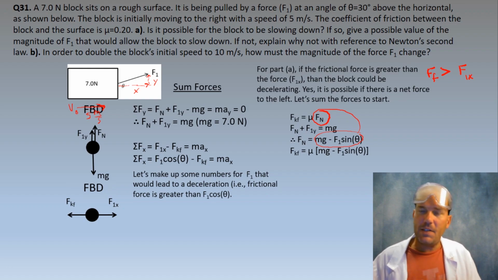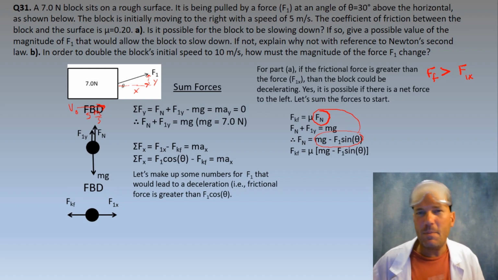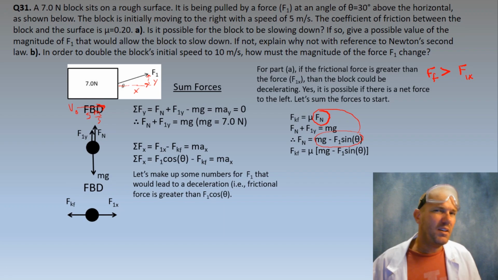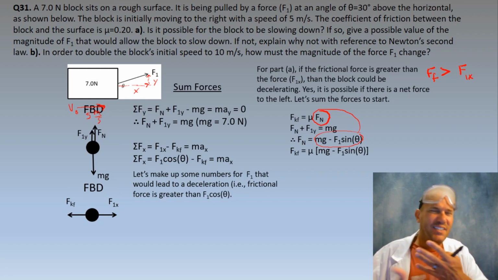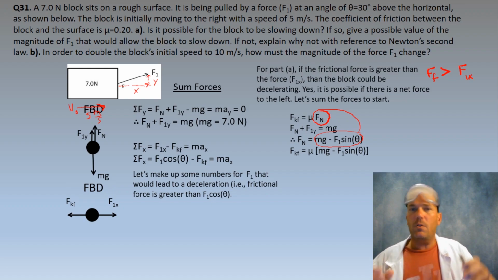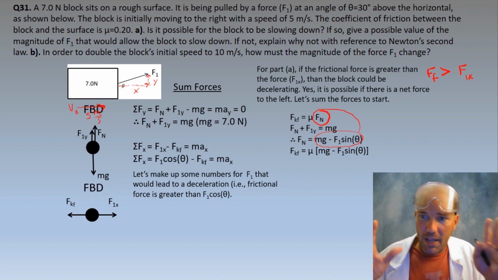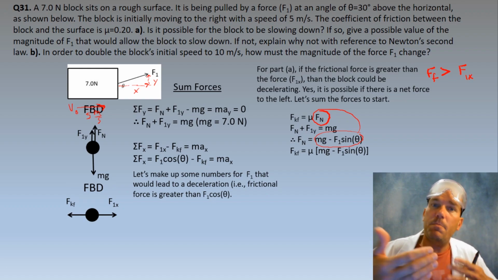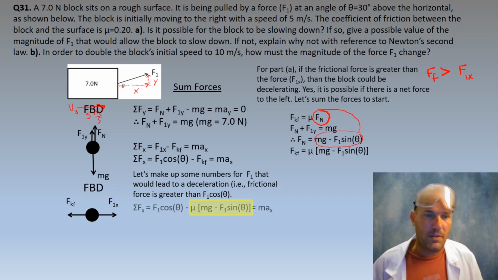Now it's time to make up some data and some numbers and employ a semi-quantitative approach to this problem. We're answering it with a mixture of conceptualization and words, but also with mathematics and numbers to support our answer.